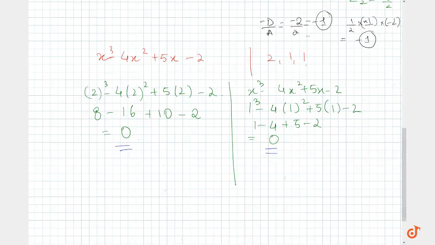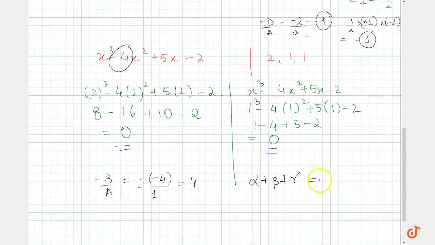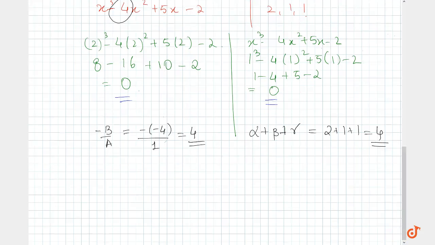Now let's look at minus b by a. In this, b is minus 4, so minus b by a will be minus of minus 4 by 1, which is 4. This should be equal to alpha plus beta plus gamma. 2 plus 1 plus 1 equal to 4. They both are equal.